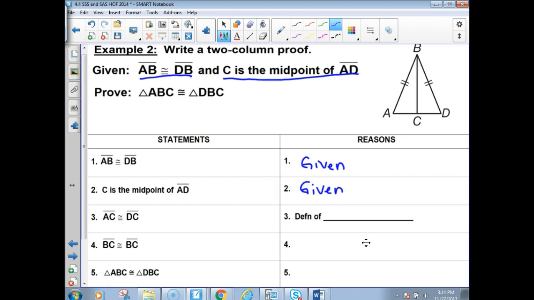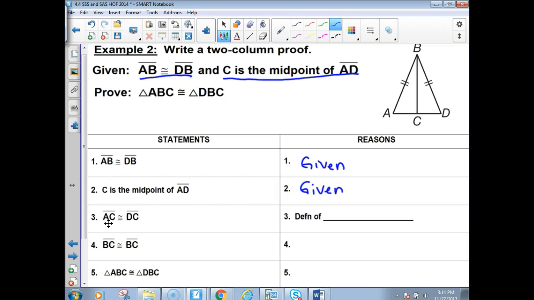Now, what does that mean to you? If C, go to the picture, if C is the midpoint of A to D, what does it do? What does a midpoint do to a segment? So you've got to remember what midpoint means. It's in the middle. What does that mean? It means that it cuts the segment in half.